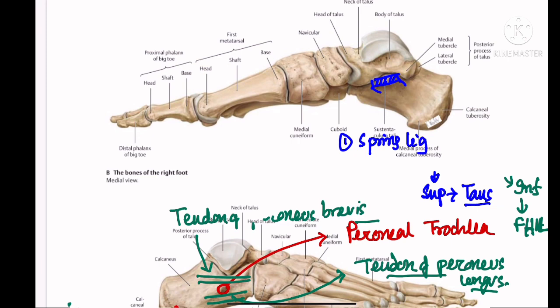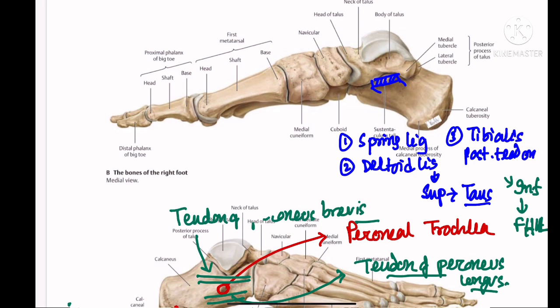Number 2, deltoid ligament. Number 3, a slip from the tibialis posterior tendon.